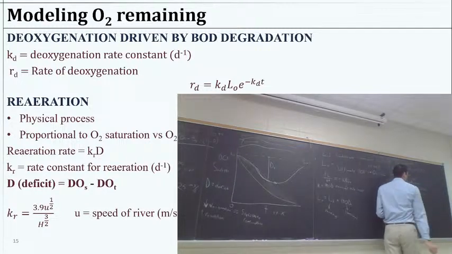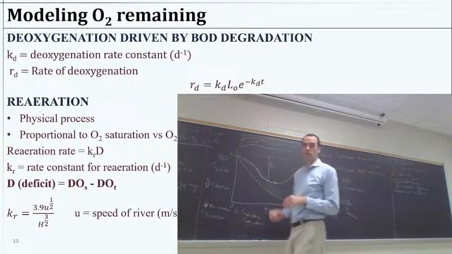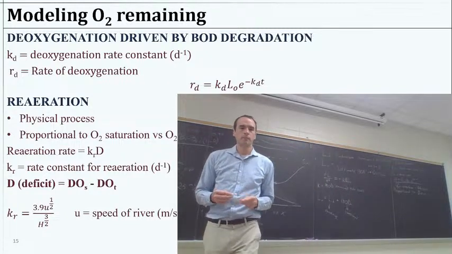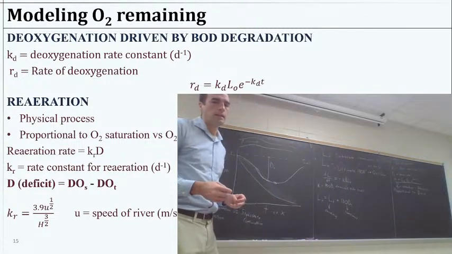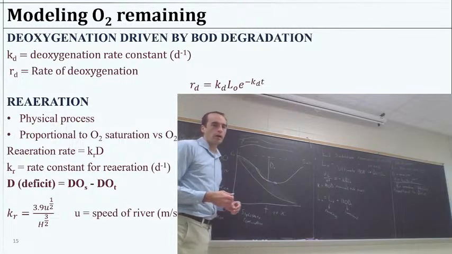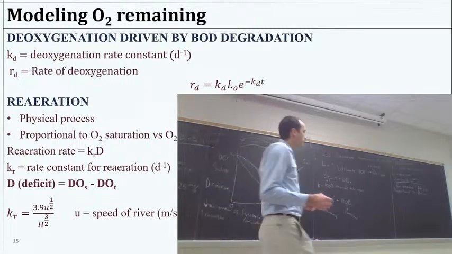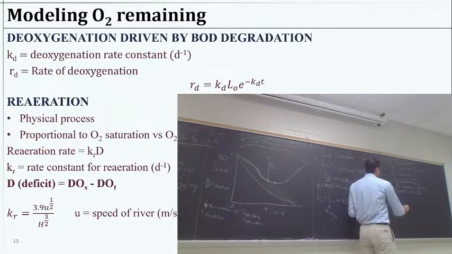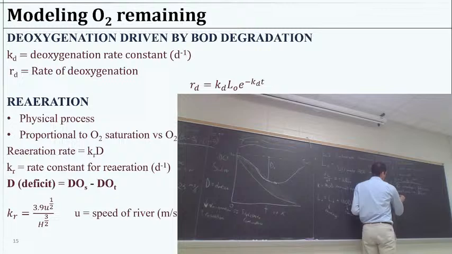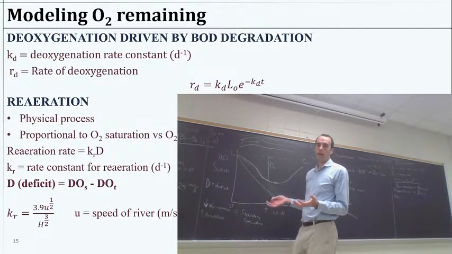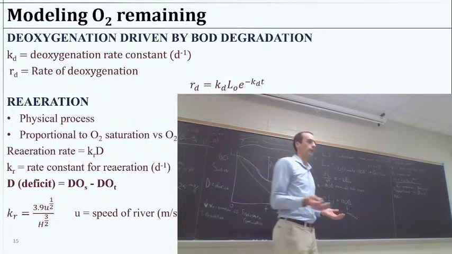The book is defining deficit as just D. Okay, and then we can look at a reaeration rate. So the rate of reaeration would essentially be some K_r times the deficit.